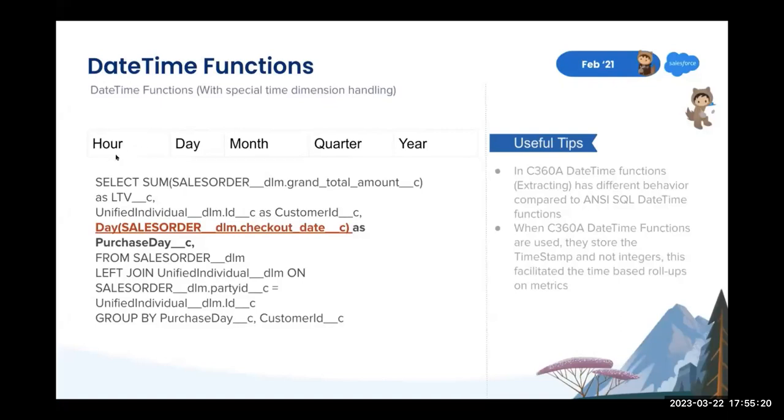So when I say, give me which hour of the day it is, it will not only return the hour, but also the day, month, and year. That way, if we need to roll up to the higher level time dimension, we can do that. So these are 5 such special functions that we provide: hour, day, month, quarter, and year.